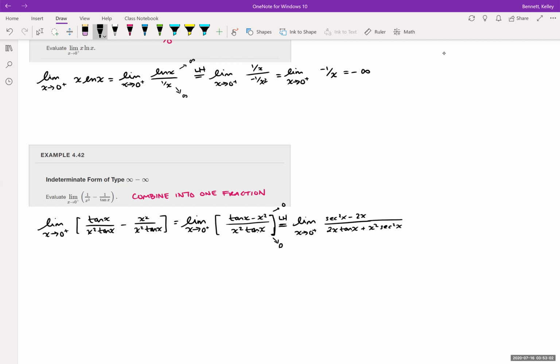Then as x goes to 0, secant being 1 over cosine, this goes to 1, this goes to 0, and x being a factor in both of these terms means that they both go to 0. So this is 1 minus 0 over 0. So things of this nature, 1 over 0, they go to positive infinity.